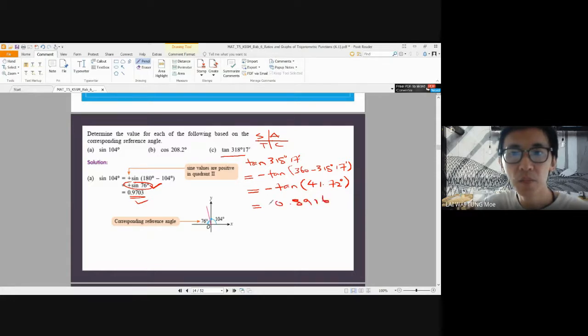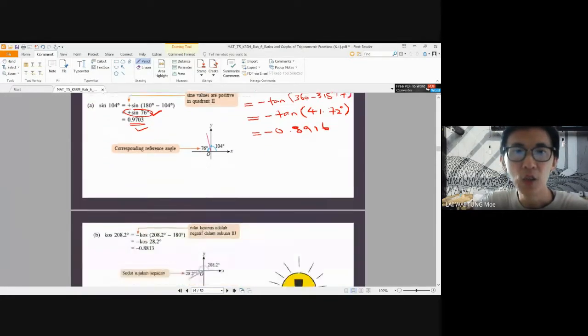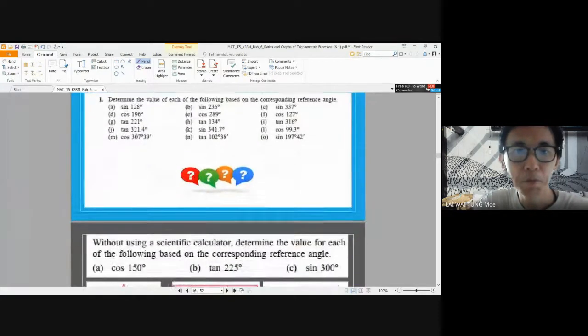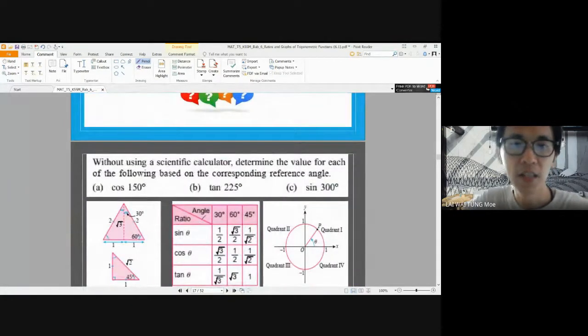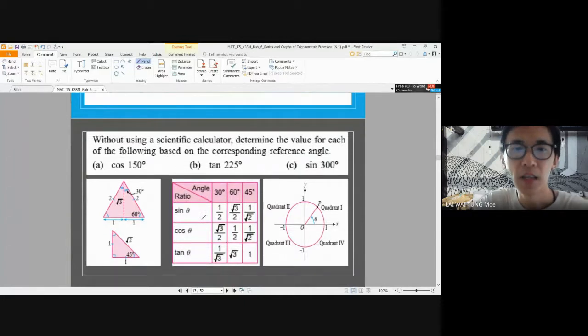Do you get this answer? Yes, okay, thank you, Esther. Negative 0.8916. This is from your calculator, you just press your calculator, nothing else. So this part is the easy part, and the next one is the special angle.